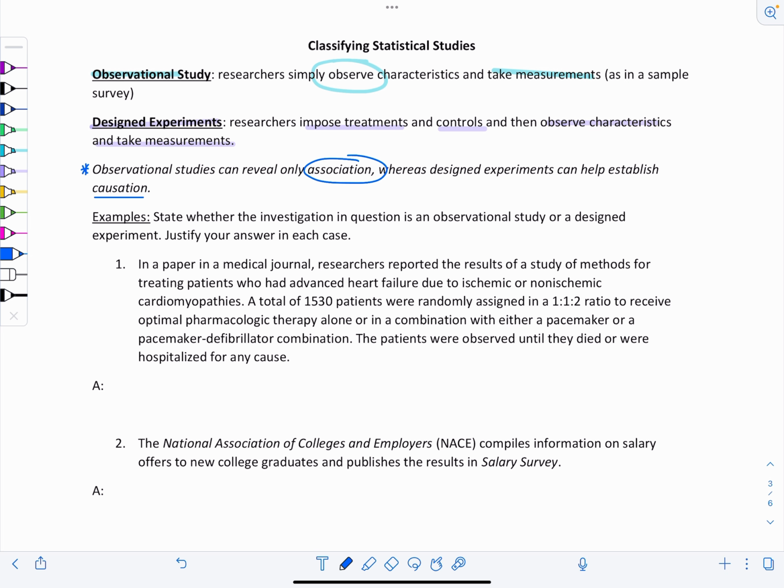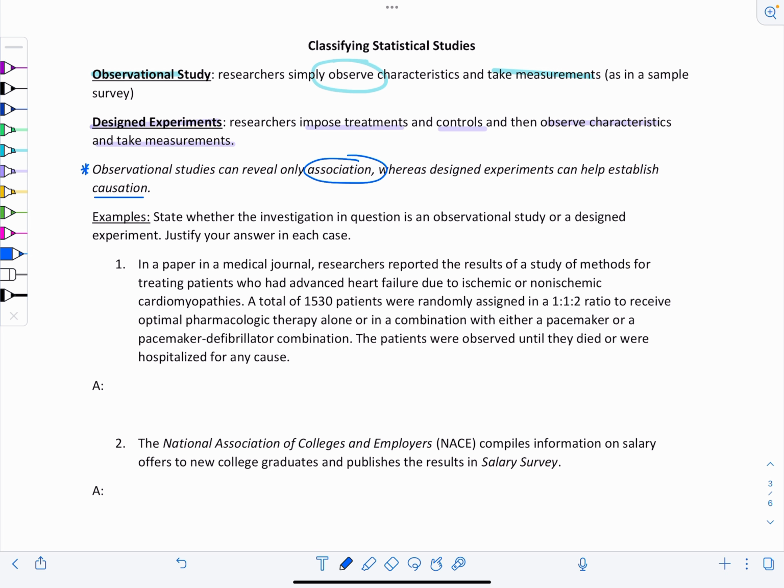Observational studies will show that those who smoke cigarettes have higher rates of lung cancer, but no designed experiments have been conducted where there's a control group who are not allowed to smoke cigarettes and another group that is forced to smoke cigarettes. That's unethical. And then to see who develops more lung cancer, right?